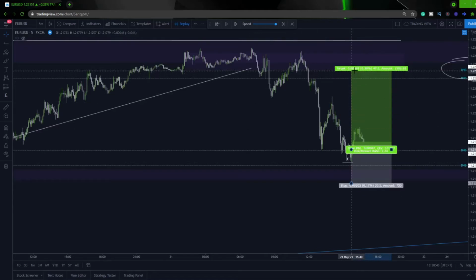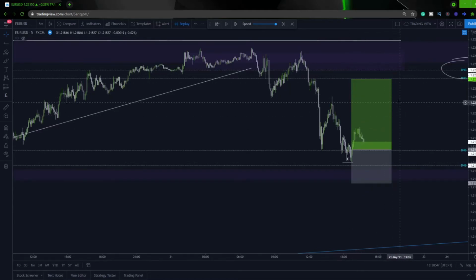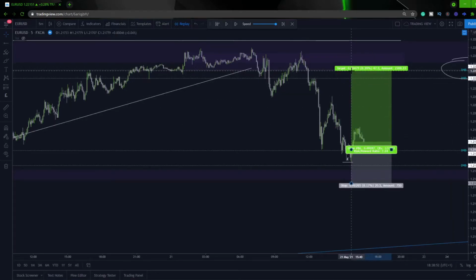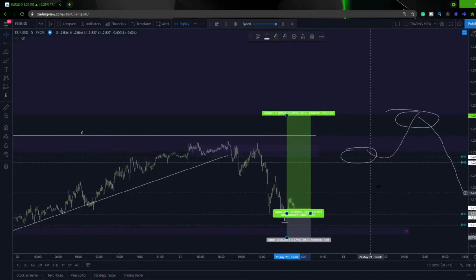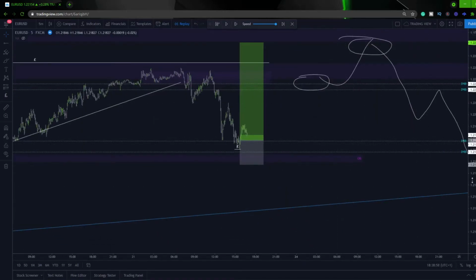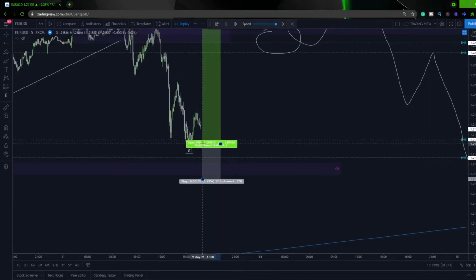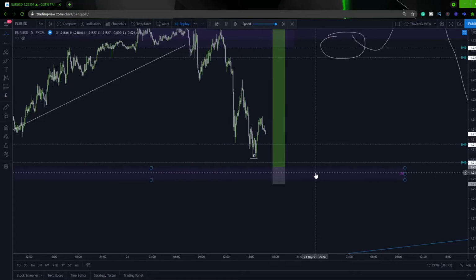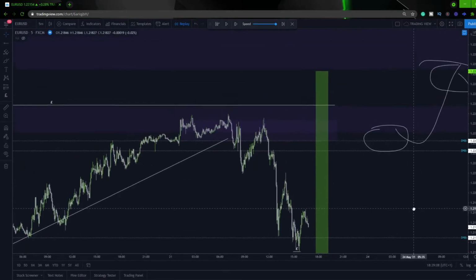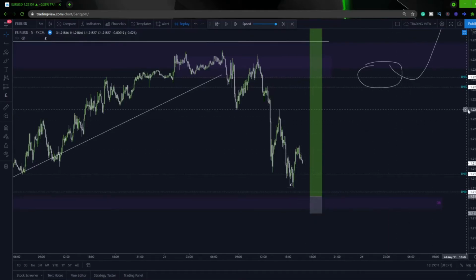So you could already be involved, looking for profit targets at this imbalance, at this old order block, or at this higher time frame order block. Or you can wait for a more aggressive or conservative entry, however you want to look at it, looking for price to come down and hit this order block.